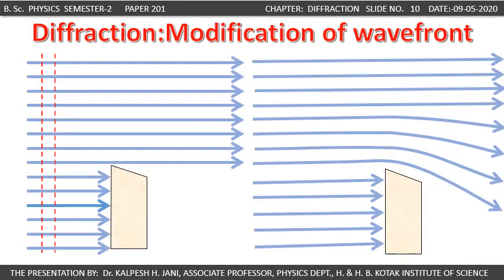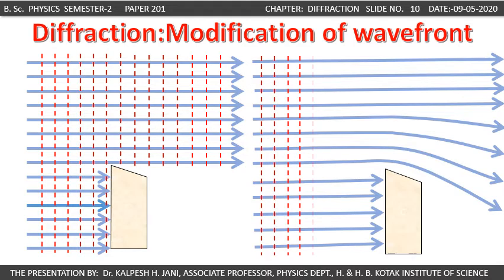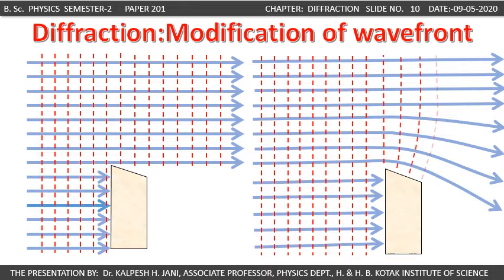As I have told you in the previous slide, we cannot take the waves moving in the medium as totally independent of each other. We cannot take them as moving independently.